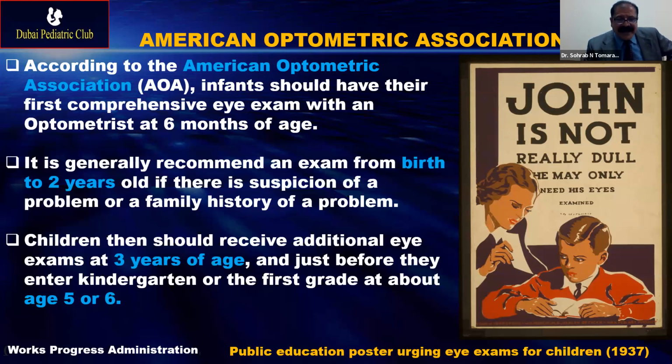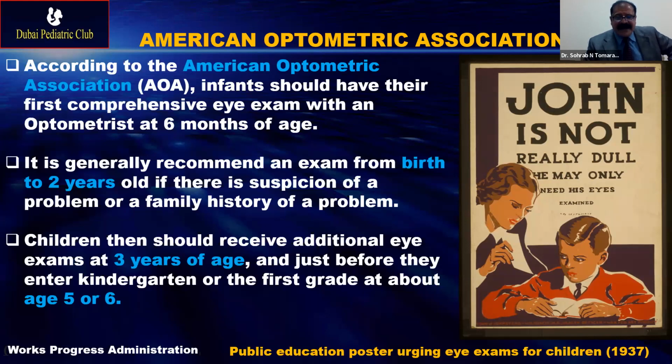It is generally recommended to have an examination from birth to 2 years old. If there is a suspicion of a problem or a family history of a problem, children should then receive additional eye exams at 3 years of age and just before they enter kindergarten or first year.